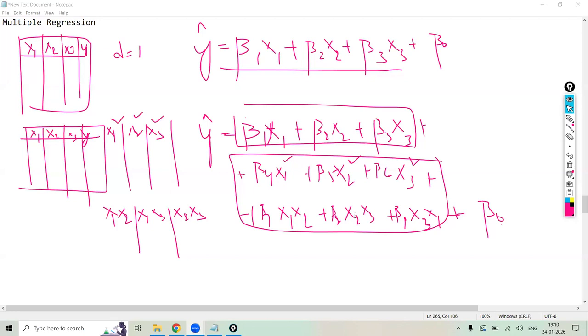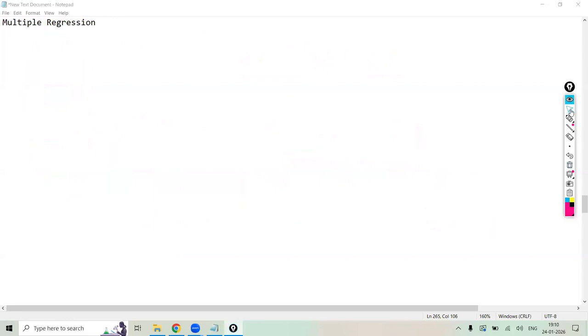Now tell me guys, as degree increases, does the number of slopes increase or decrease? As the degree increases, slopes increase. Number of slopes increasing means the number of columns increases, literally.